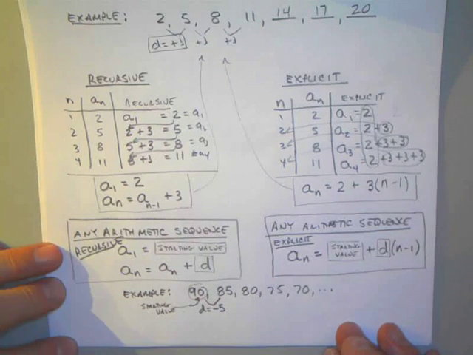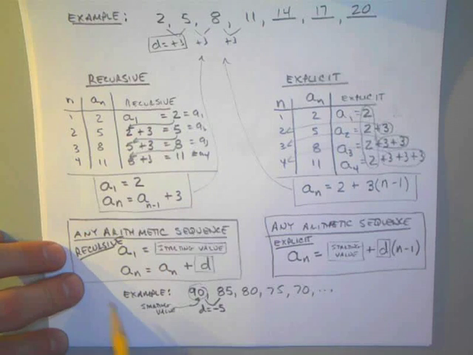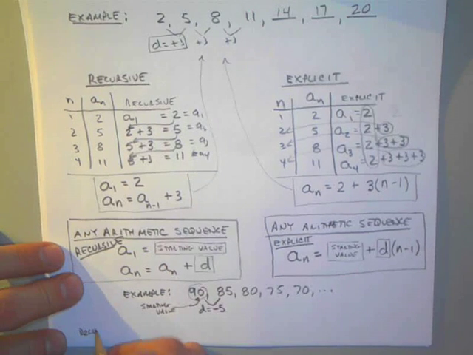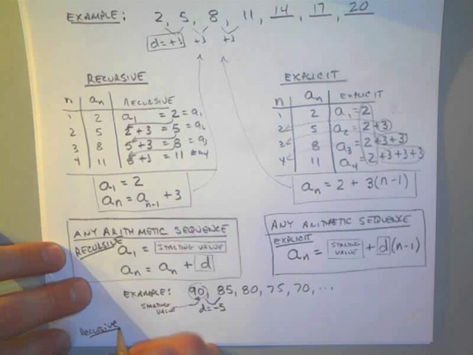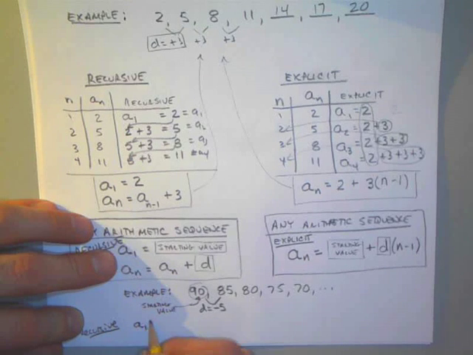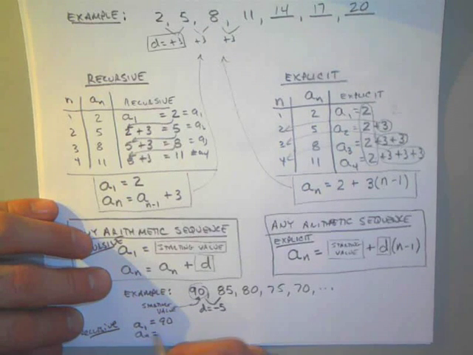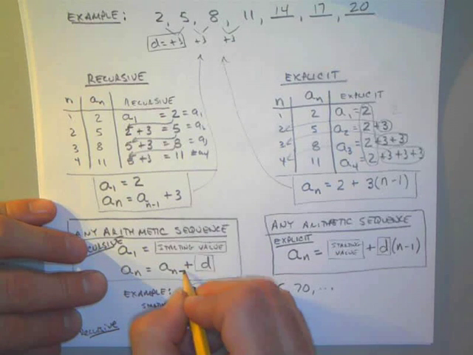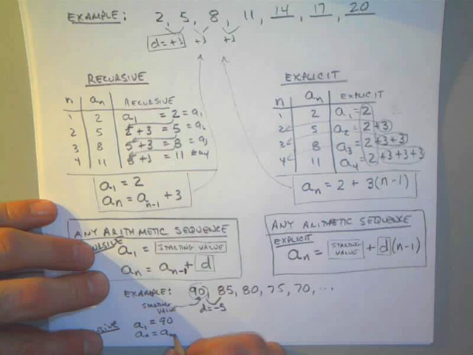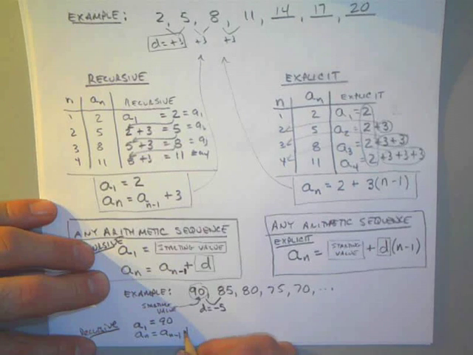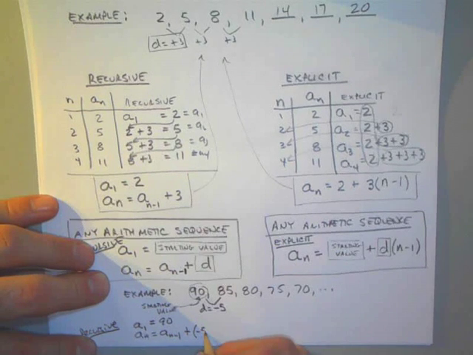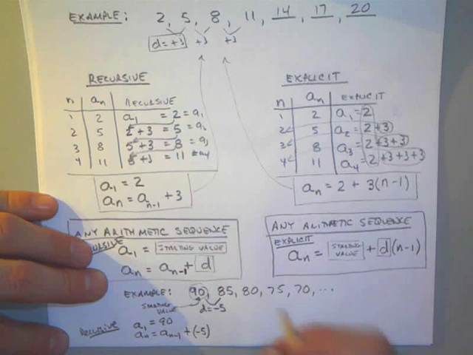Okay, so if we wanted to write the recursive formula, we would do A1 equals our starting value, which is 90, and then any term thereafter is the previous term plus the common difference, which is -5.